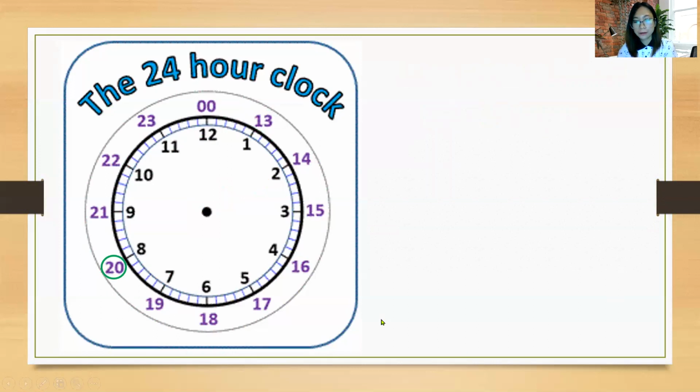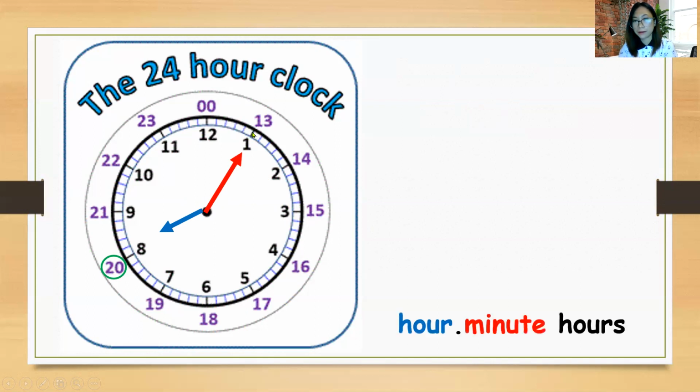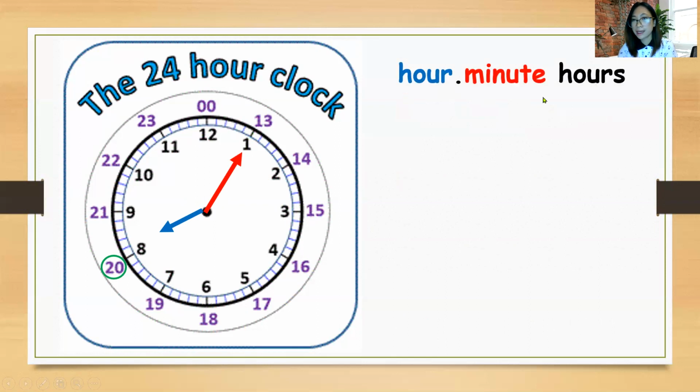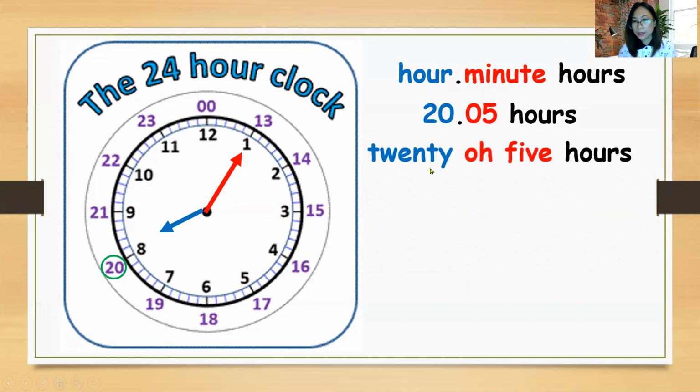Another example. The circled number is 20. The hour hand is pointing to 20, and the minute hand is pointing to 1, 2, 3, 4, 5. Okay, we have hour, minute, hours. So the hour is 20 and the minute is 5. 20:05 hours.